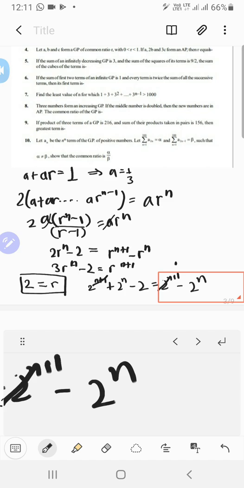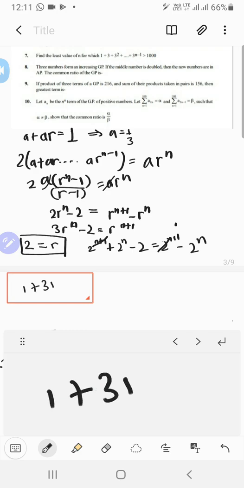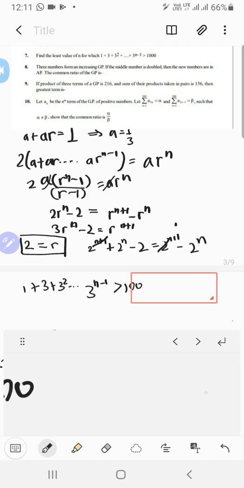Find the least value of n for which 1 plus 3 squared plus ... plus 3 to the n minus 1 is greater than 1000. So find the least value of n for which this happens. So you've got 1 plus 3 squared and all the way till 3 to the n minus 1 is greater than 1000.